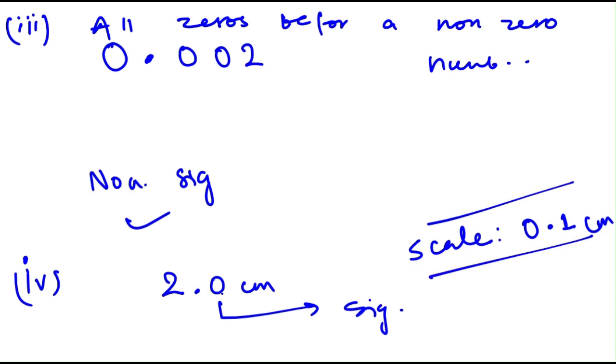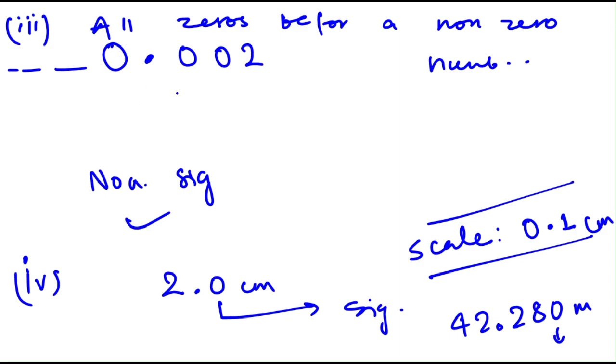So this is actually a significant figure. Let's write another example, 42.280 meters. This is also significant. After the decimal, if we have zeros, all those zeros are actually significant figures.